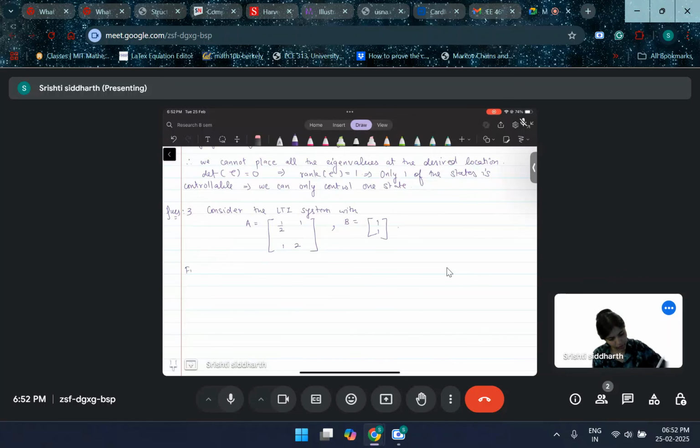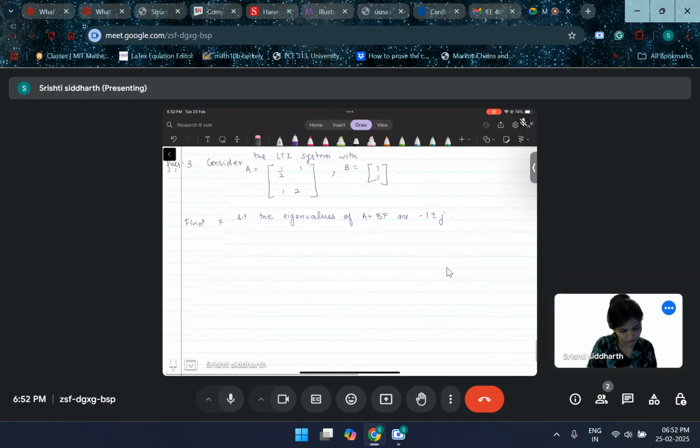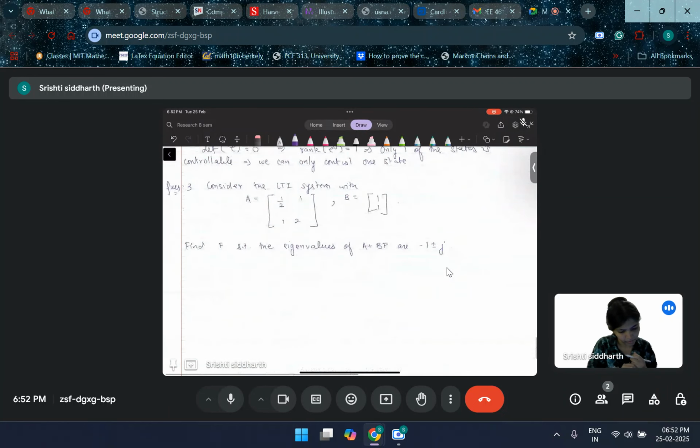Find the feedback or the gain matrix F such that the eigenvalues of A plus BF are minus 1 plus minus j. So we have complex conjugate eigenvalues and they are assigned in pairs.